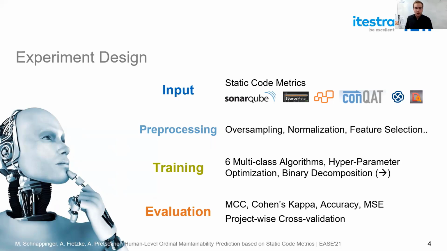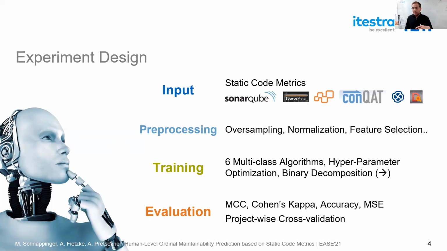For these 6, we did a hyperparameter optimization using a grid search and ran every experiment 30 times to mitigate the effect of randomness. We also did binary decomposition, and what that is, I will explain on the next slide.